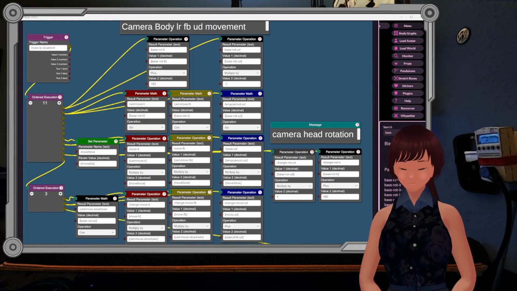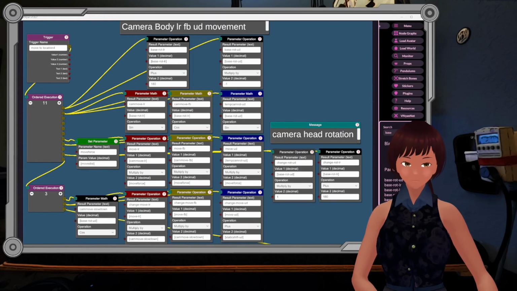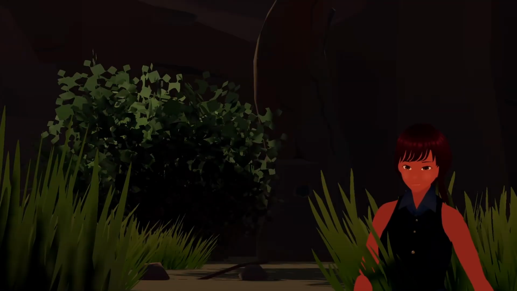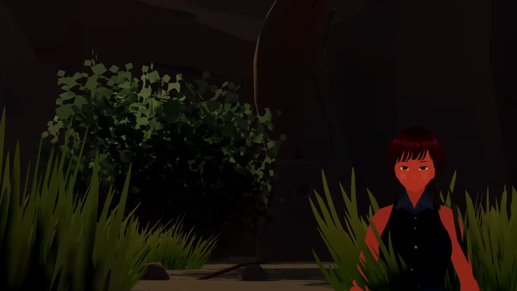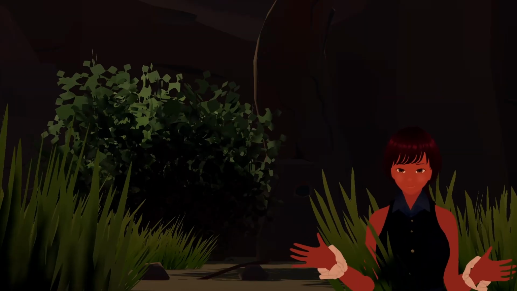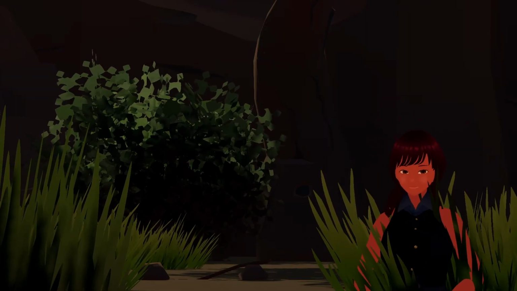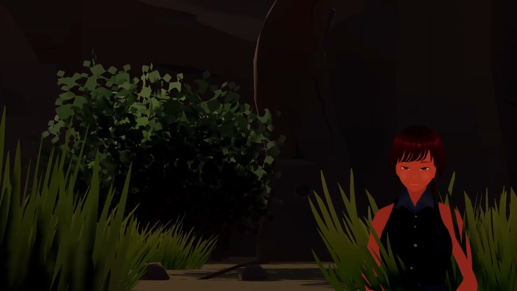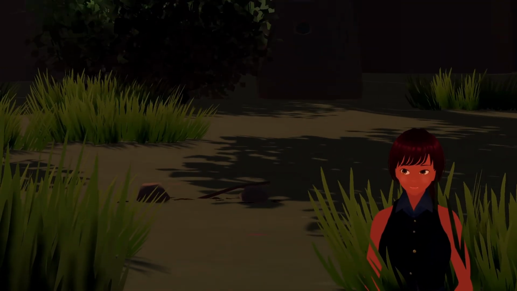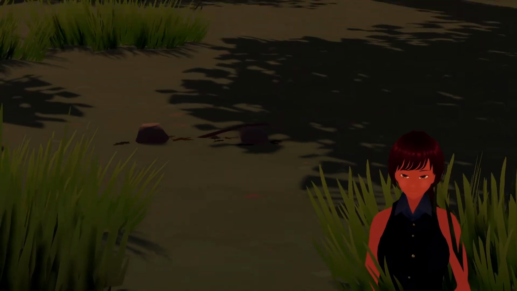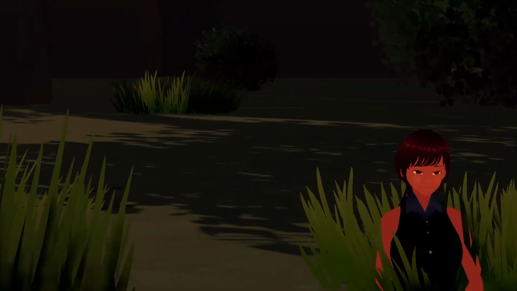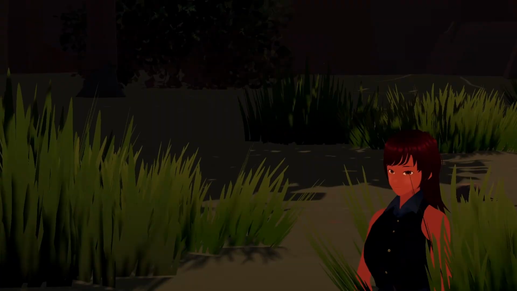So what does it do? Let's pop over. Okay, here we are. I'm sitting in the bushes now, and with this custom camera, I can rotate the camera up and down. I can rotate it clockwise and counterclockwise.